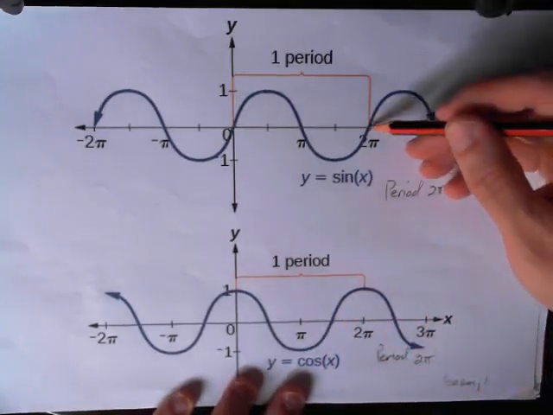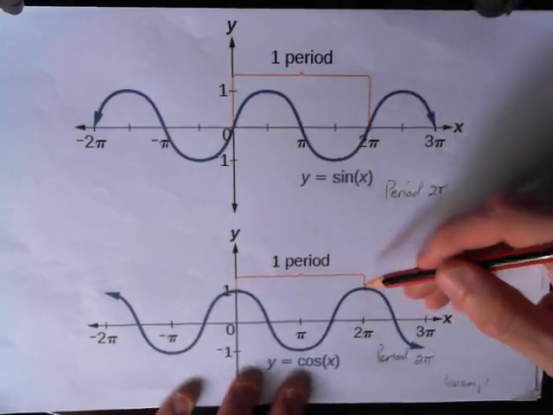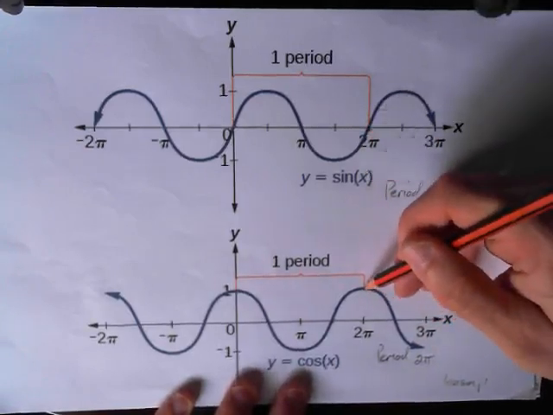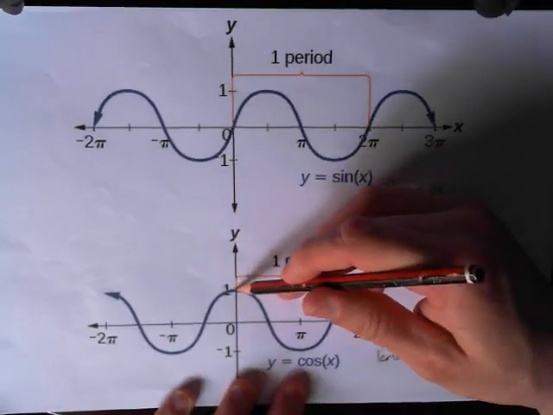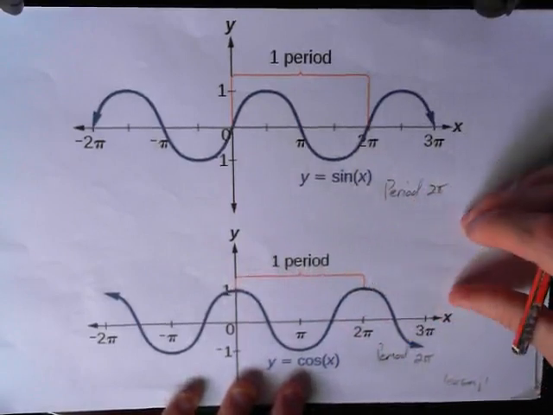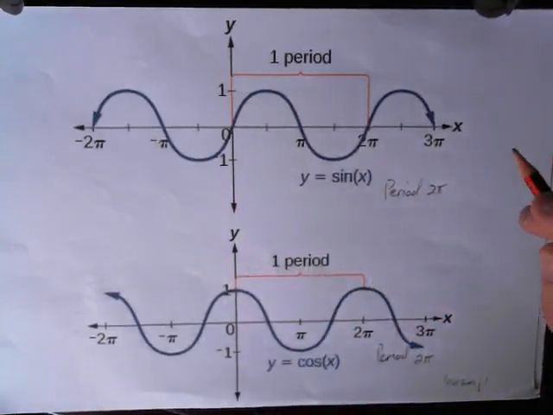So the graph has the same shape, the same amplitude, the same period, but it's been shifted. Sometimes that's referred to as a phase shift.